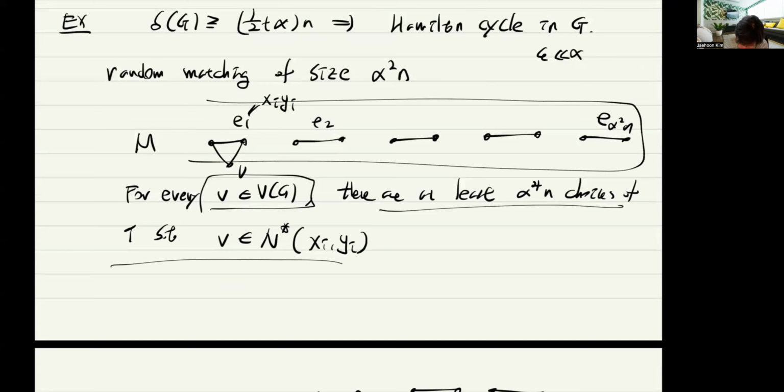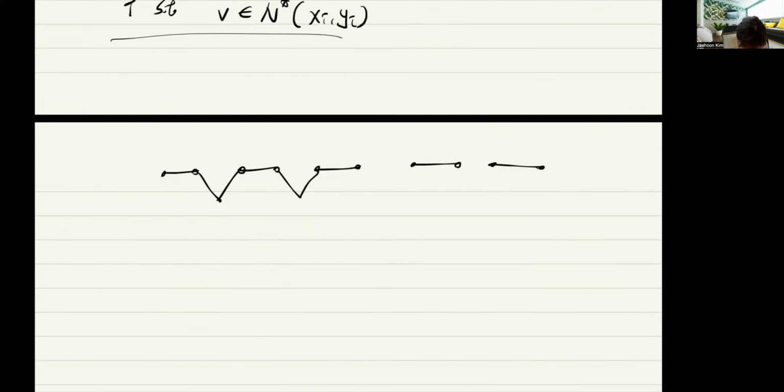But the number is quite small, smaller than alpha, so let's say alpha is smaller than 1 over 100. That means every time you do that, these two have alpha n common neighbors, and you may choose the ones that are not used, because so far you have used only alpha squared n vertices. So you can connect this to get this path.